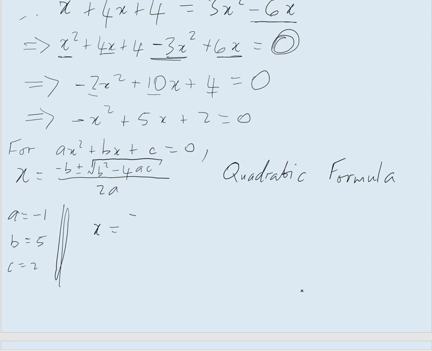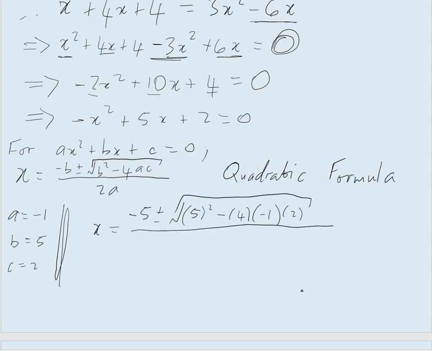So it will be -5 plus or minus the square root of 5 squared minus 4 times -1 times 2. All this is in the square root. And then this is all divided by 2 times -1.